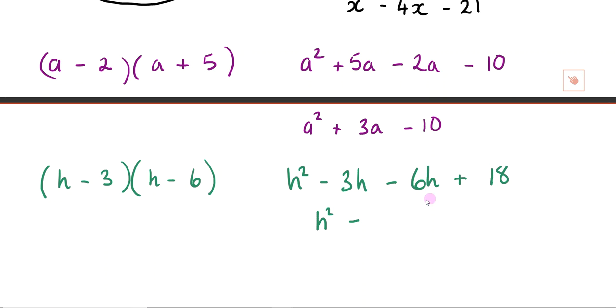Remember, I've got to collect like terms, so I've got minus 3h minus another 6h is minus 9h, plus 18.